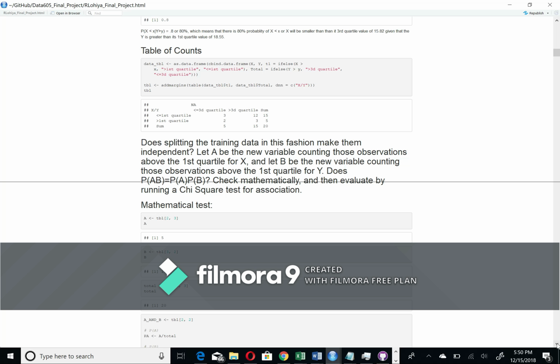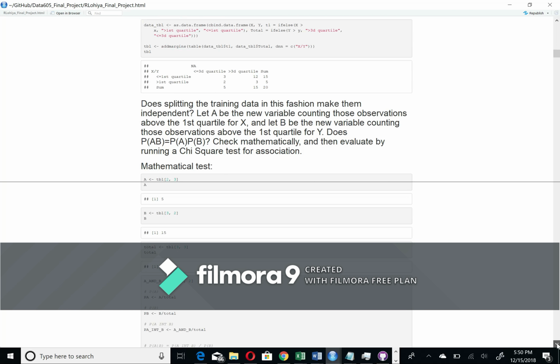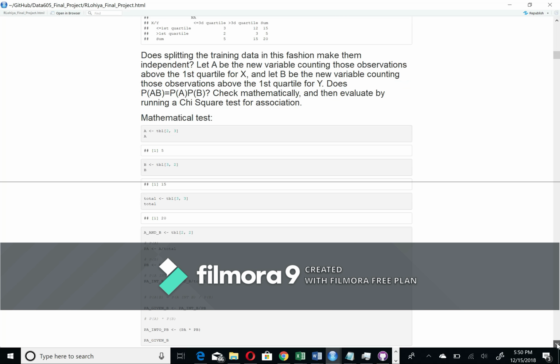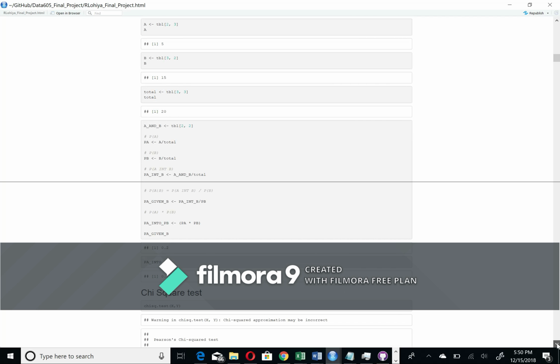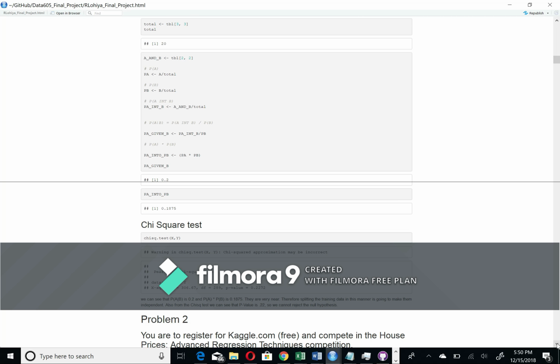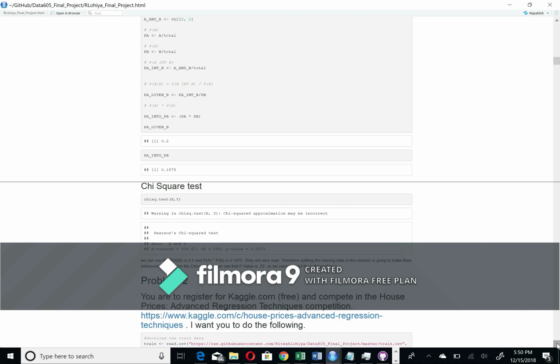Going to the next question: does splitting the training data in this fashion make them independent? For that we had to do some mathematical test. This is the mathematical test I did, and I also did a chi-square test. We can see that the probability of A given B is 0.2 and the probability of A times the probability of B is 0.1875.